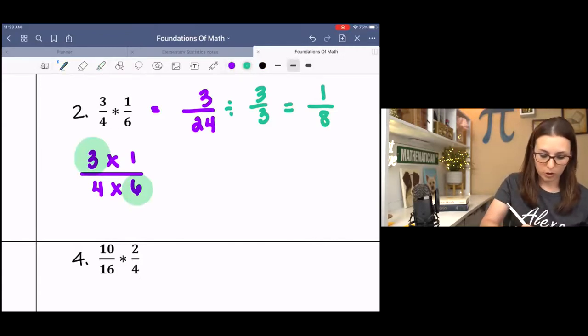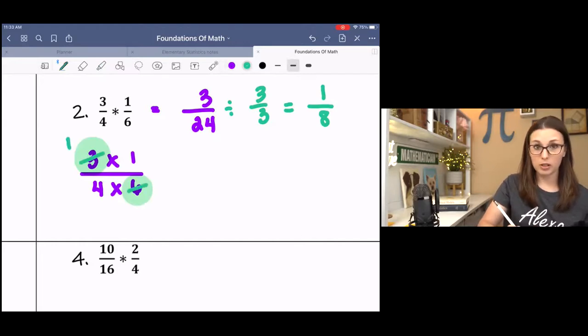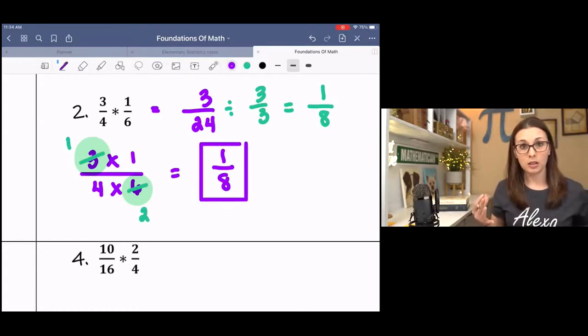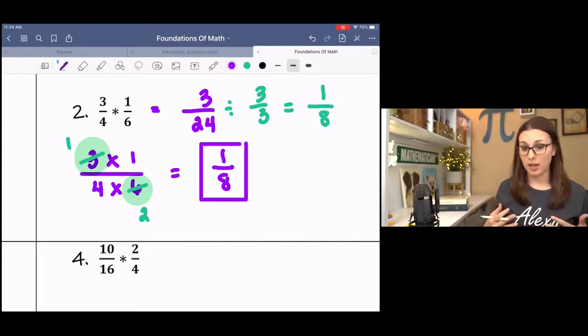So if we reduce both by 3, 3 divided by 3 is 1, 6 divided by 3 is 2, and then multiply straight across, then the reducing is done. We get a simplified answer, and we don't have to worry about simplifying at the end. Now you'll notice that we got the same answer in either case, so they both work. Whichever way you feel most comfortable with is the way that you should do it.